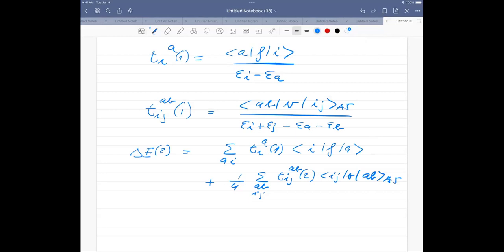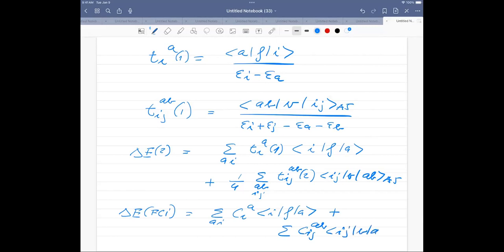If I then bring back the FCI case, which is useful to compare, this is given by a sum over a i of my c i a from diagonalization times i of F of a, plus c i j a b times ij of V of ab anti-symmetrized.